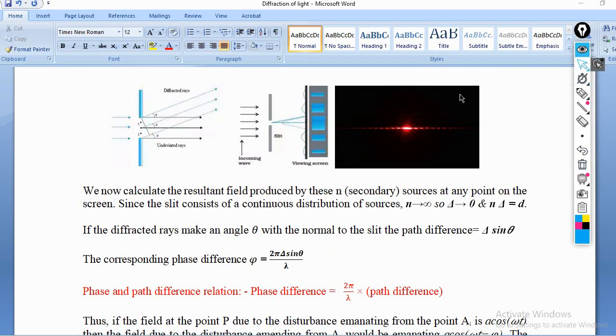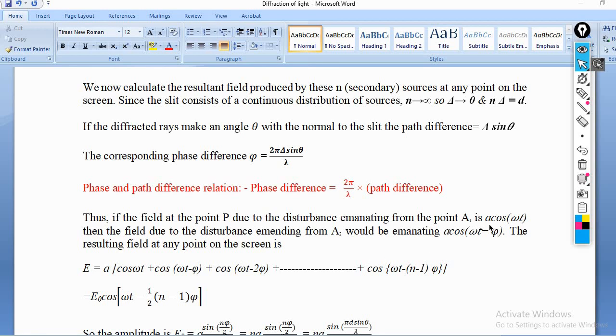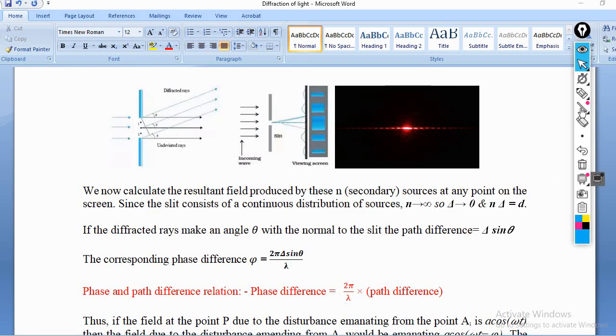Now you will go for the superposition. We have n number of secondary light sources and n number of waves which will superpose with each other. Now we are going to consider the wave equations. The first wave equation was considered as A cos omega t. One can consider sin omega t also, with a phase difference of pi by 2. So we can consider n number of secondary sources 1, 2, 3.